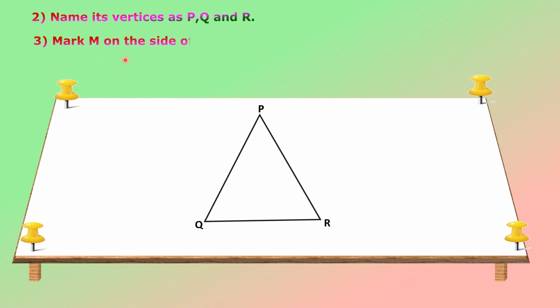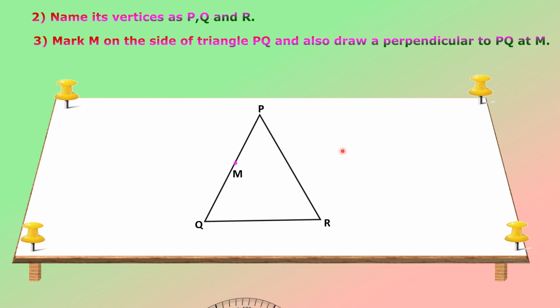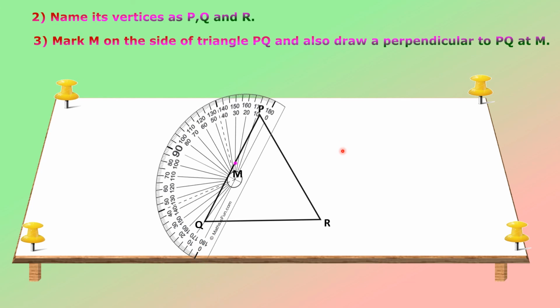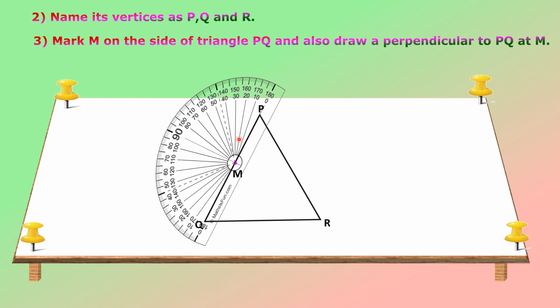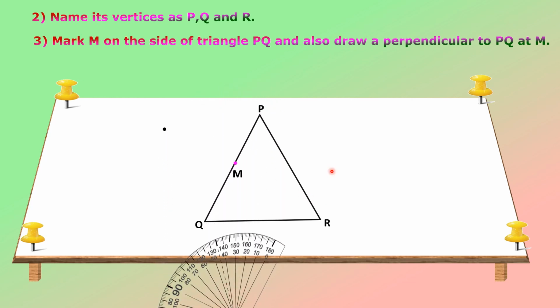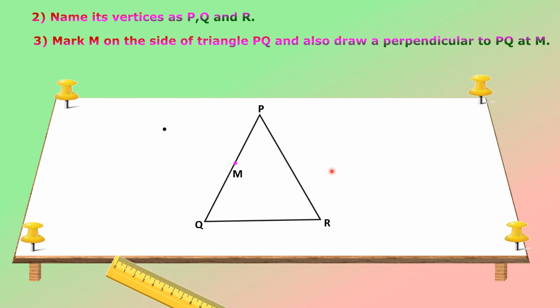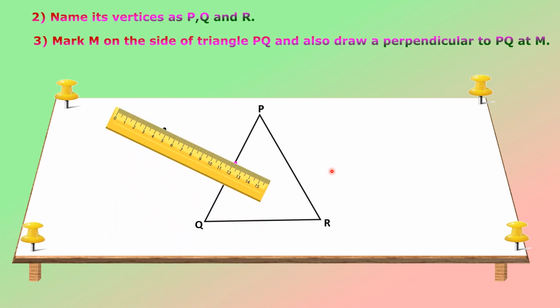Mark M on the side of triangle PQ and also draw a perpendicular to PQ at M. Now draw the normal to the surface PQ at M, here 90 degrees. Remove this. Draw the normal by using a scale.